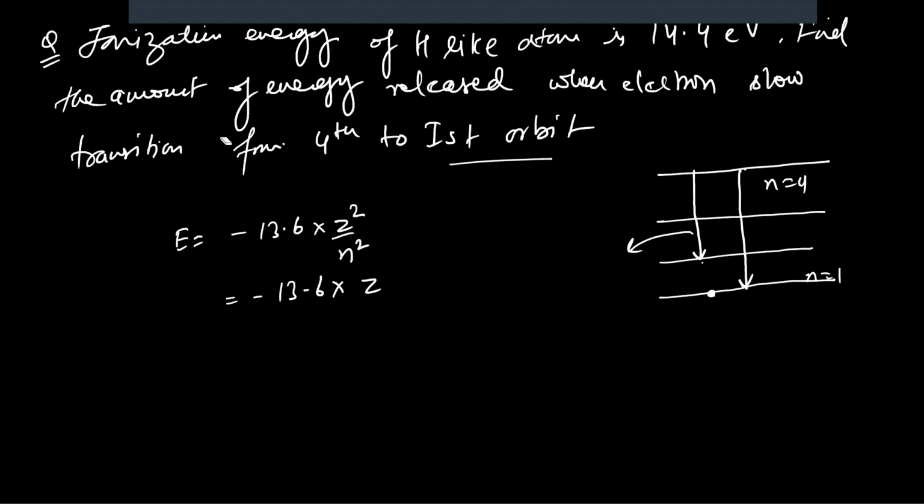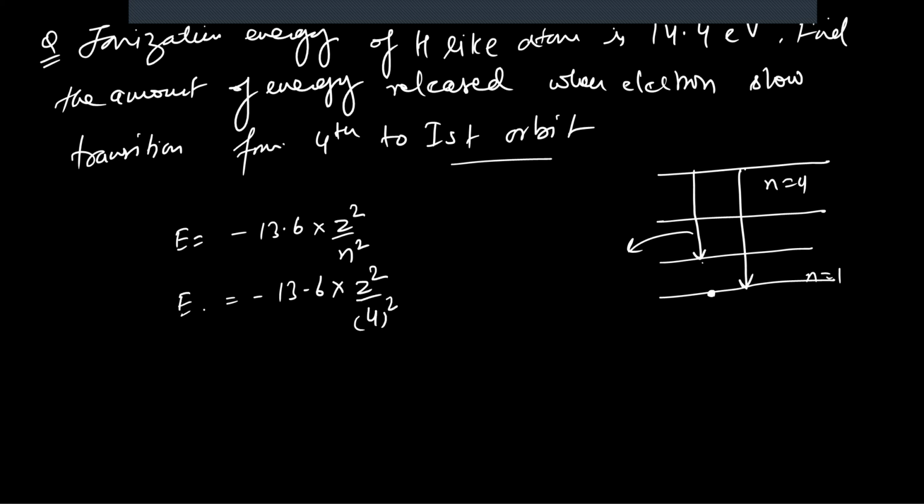Z is actually the atomic number, because it is saying hydrogen. Find the amount of energy released when the electron shows the transition from fourth to first orbit. Okay, so we'll write here n is the fourth shell, 4 square.